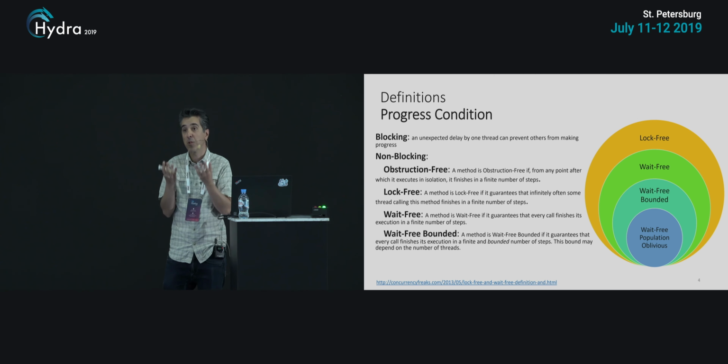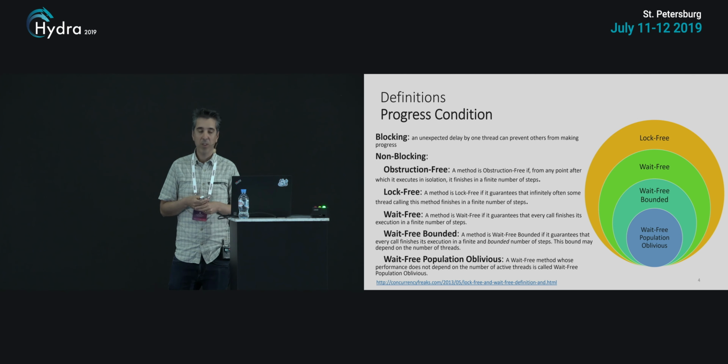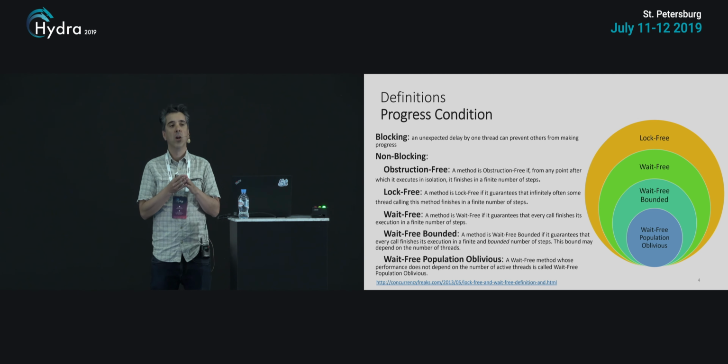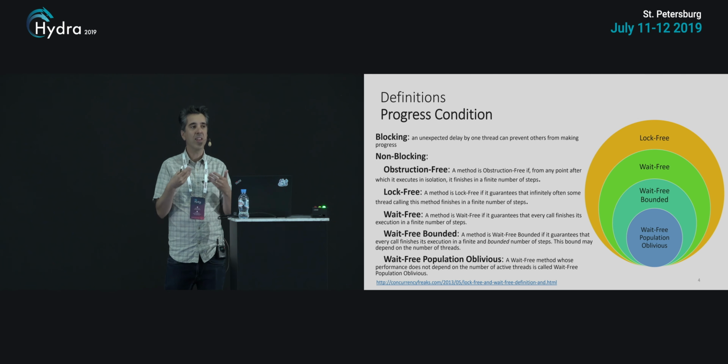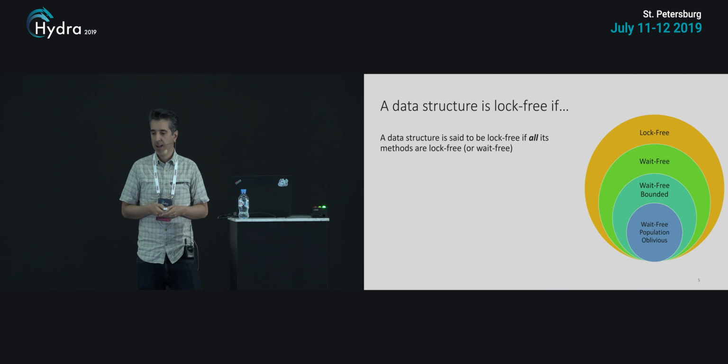So there's a formula, let's say, to compute that. And even more than that, you have wait-free population oblivious, which means you have a formula to compute, and that formula does not include the number of threads. So that means tail latency should not be affected by how many threads are competing to do that operation.